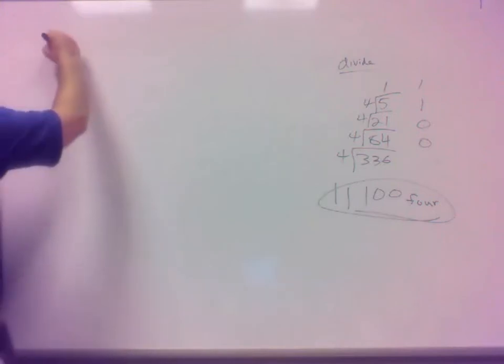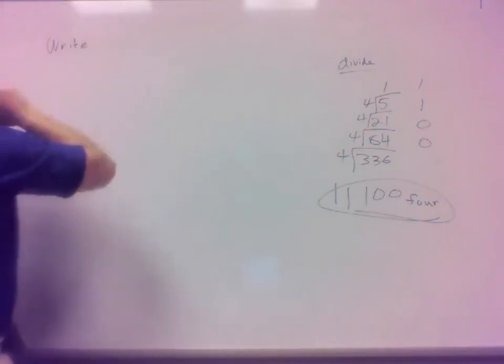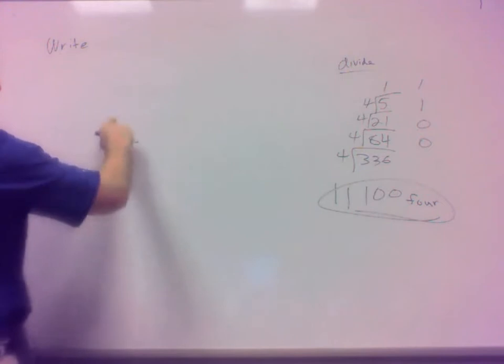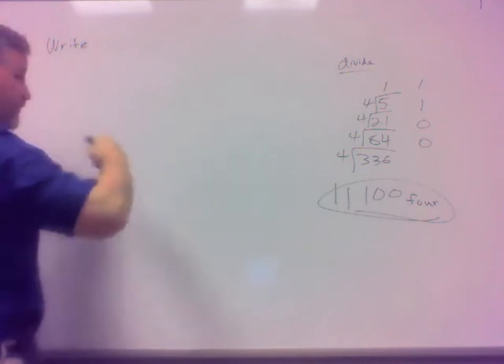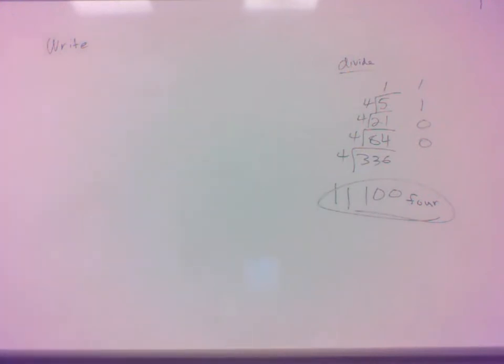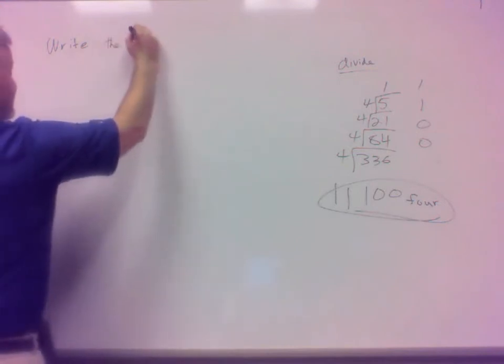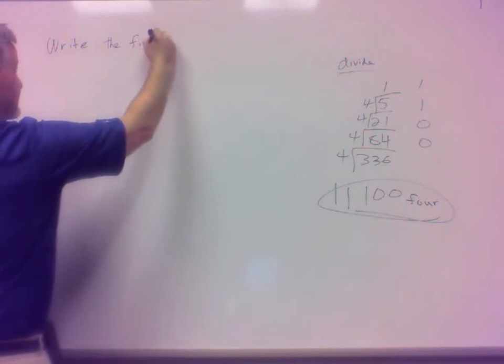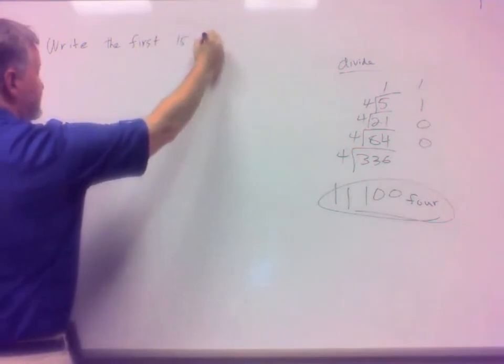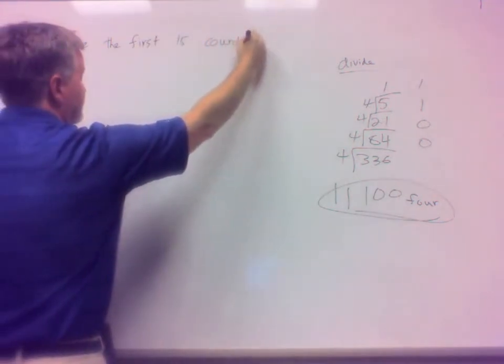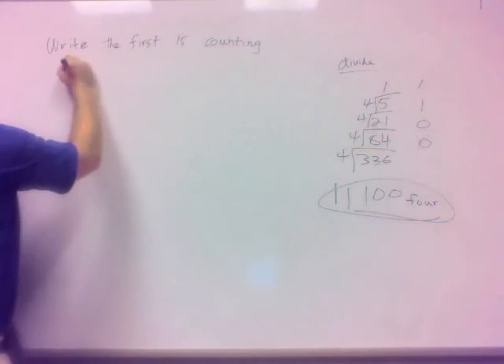Let's think about what this would mean if we started writing numbers in a different base. You know, like we do our counting numbers 1, 2, 3, 4, 5, 6, 7, 8, 9, 10, 11, 12. Let's write the first 15 counting numbers, but in base 6.